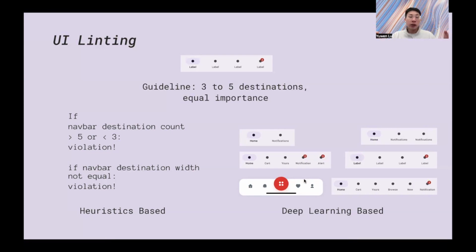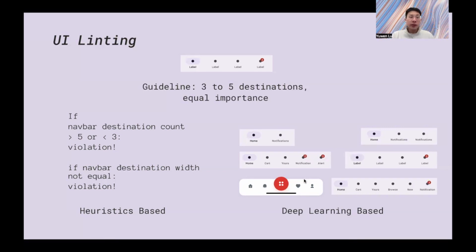Shove them into the model, have the model learn the differences, and the model will be able to, to an extent, determine whether a new example you show the model conforms or violates a piece of design guideline.